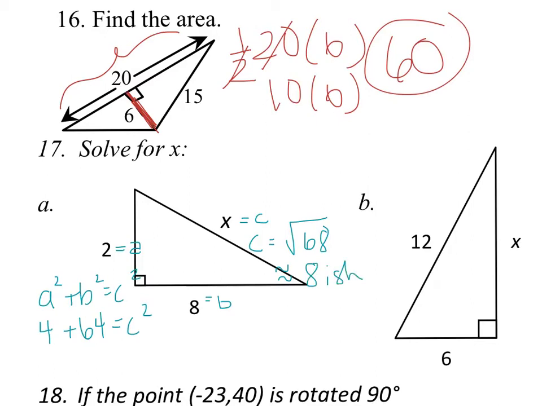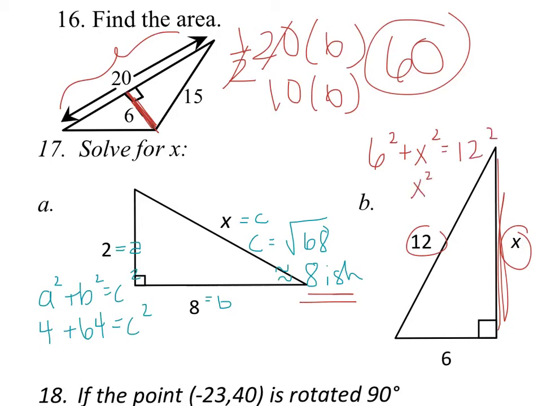Let's go ahead and look at b. For b, I need to make sure that my answer is bigger than 8. Remember, that is bigger than 8. X needs to be smaller than 12 because x is the height and 12 is the hypotenuse. So when I set that up and solve for that, I also do need to make sure that it ends up working out correctly.